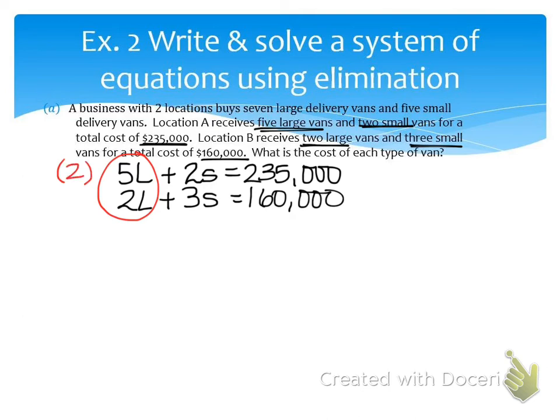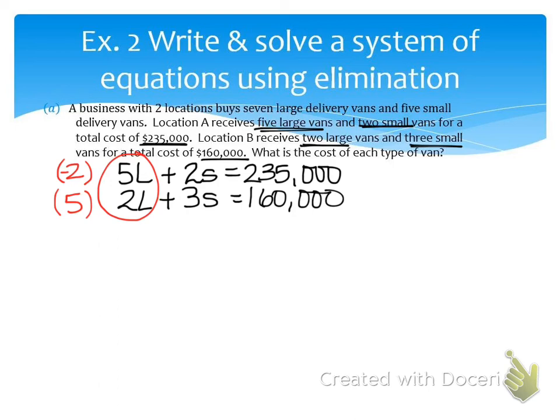And Carson, if I want to turn the second L term into 10, it's going to be 2 times 5. Now, my signs, are they the same right now or are they different? They're the same, Carson. So, one of these numbers I'm going to have to make a what? A negative, because I need my signs to be different. Does it matter which one is negative? No. All right? So I'll just pick negative 2.